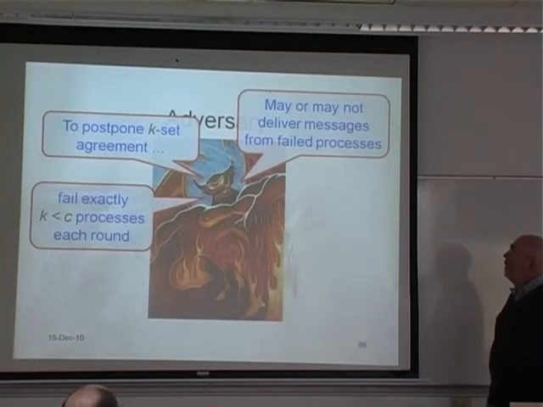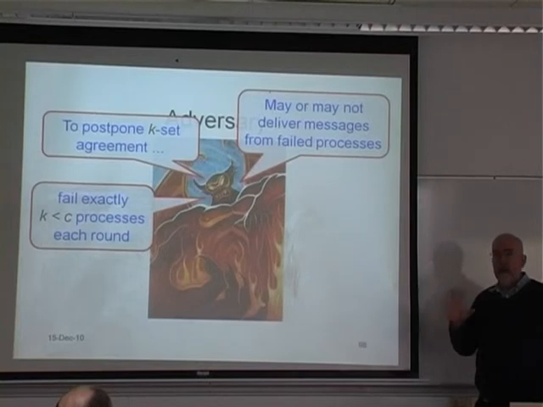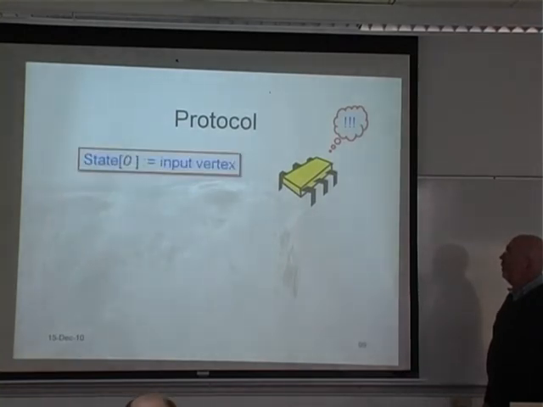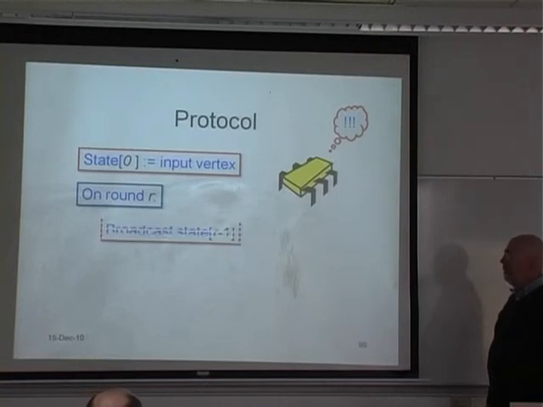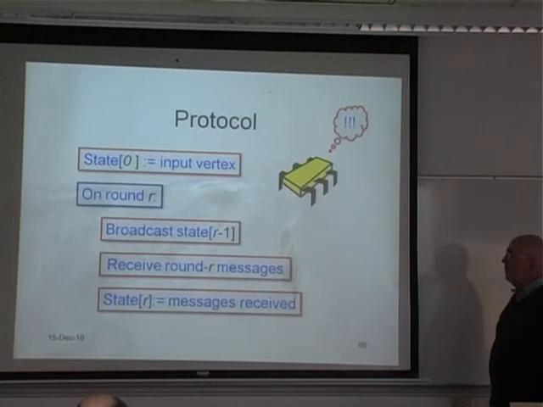And again, when a process crashes, the adversary can decide, I'm going to deliver messages to these three, but not to those two, or whatever pattern is the most evil. So here's the protocol. Again, you start out with your state being your input vertex. On round R, you broadcast your previous state, you receive your round R messages, and set your state to be the messages received. It's the same as before, except now we're synchronous instead of asynchronous.